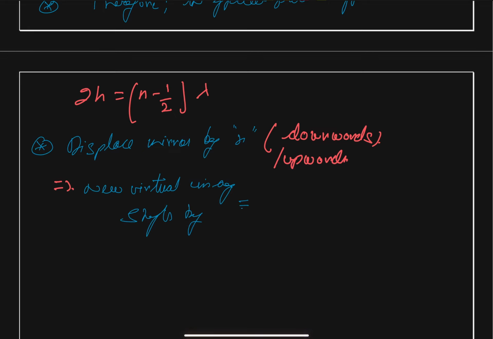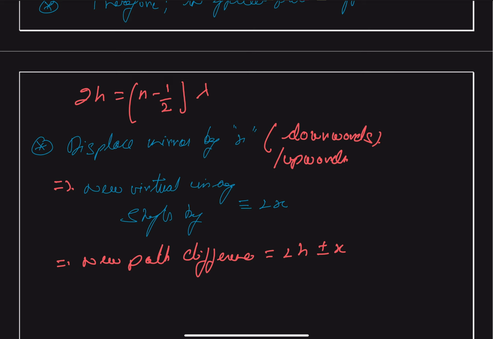Therefore, the new path difference comes as 2h plus minus x. It depends upon in which direction the glass is shifted, upward or downward. So we wrote both plus minus x.